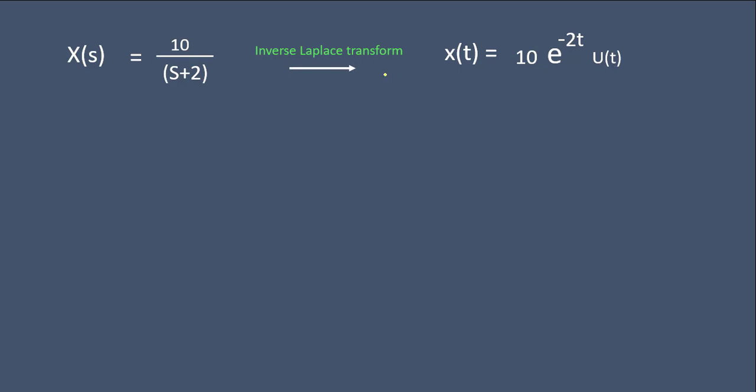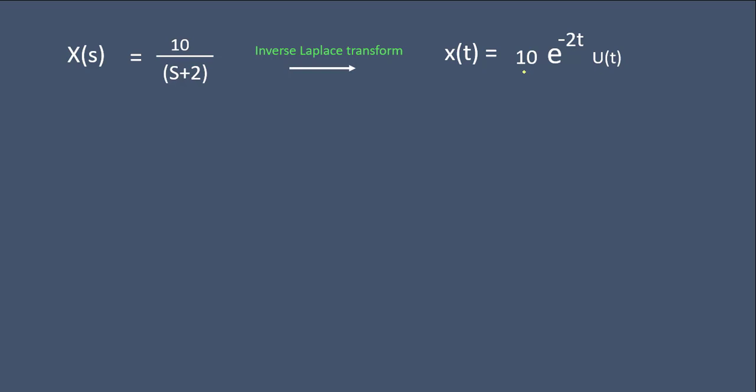Now how to find the inverse Laplace? We have already studied it in the lecture series of Laplace transform. Those who have missed or not seen the lecture, I will share the video link in the I button. You will understand how to find the inverse Laplace of a given Laplace transform. So the inverse Laplace of 10 upon s plus 2 is 10 e raised to minus 2t u of t.